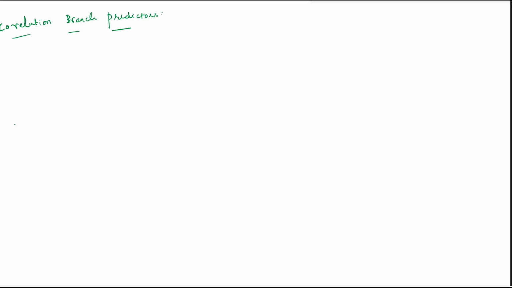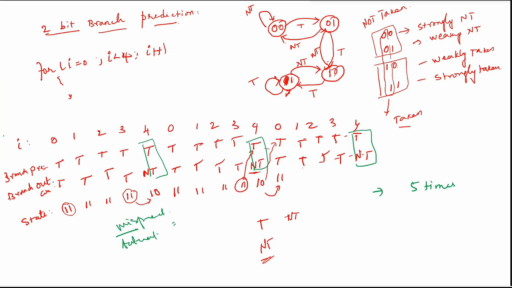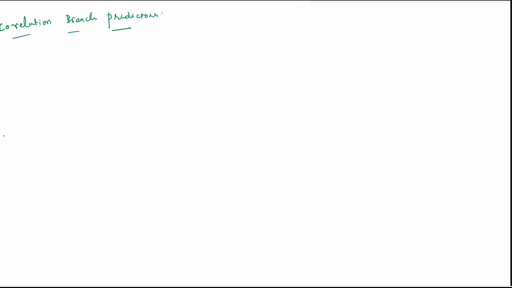In the previous case, just as an example, I wrote a for loop, but sometimes, when you're writing a program, a branch outcome may depend upon the previous branch outcomes. Most of the cases, it may be the case.